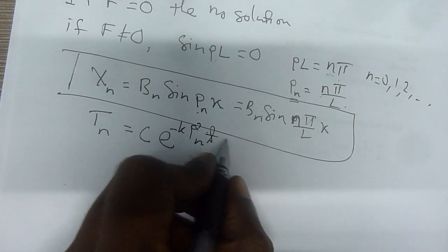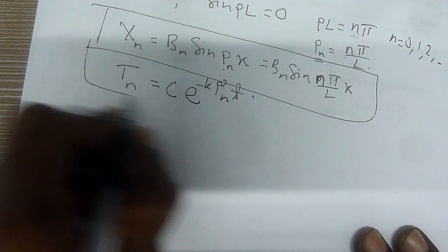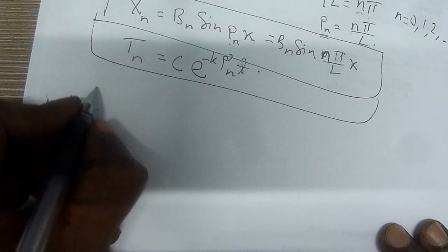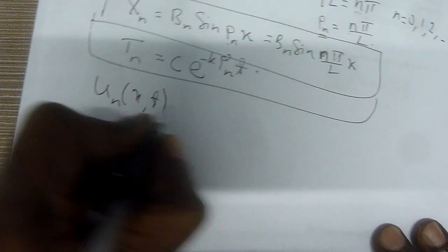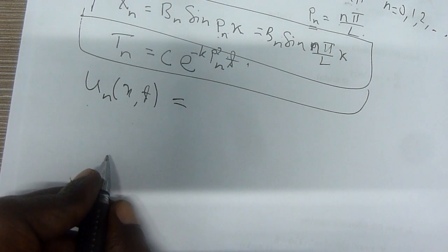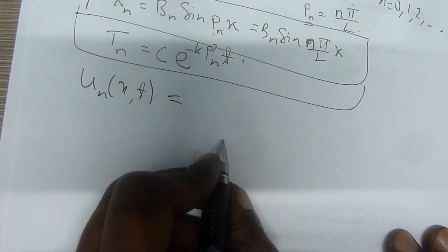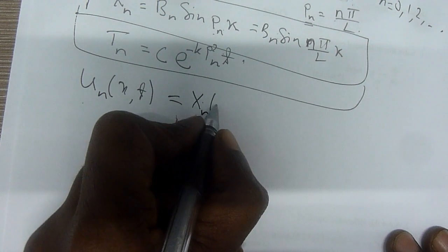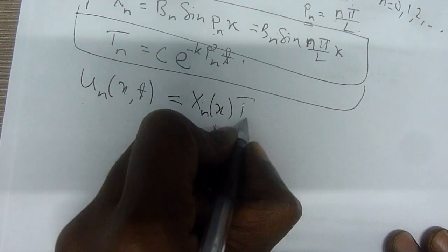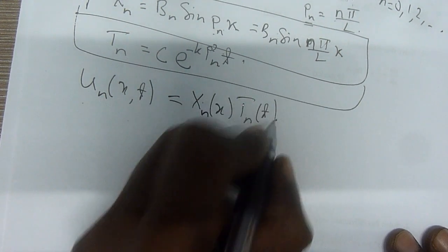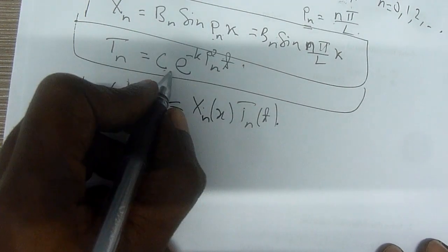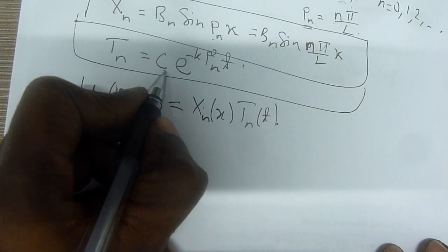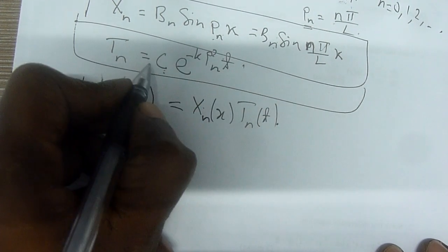Therefore the combination of this becomes again Un of x, t, which is Xn Tn. Therefore overall, when we combine these together, let's say Bn times C, I call it a small b.